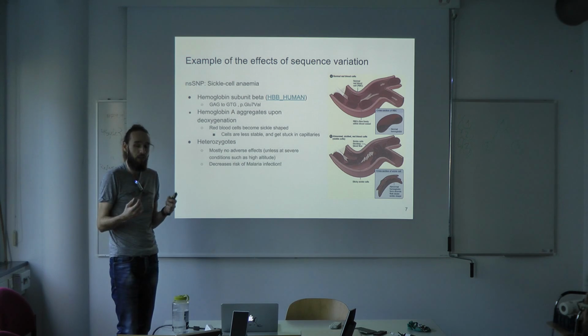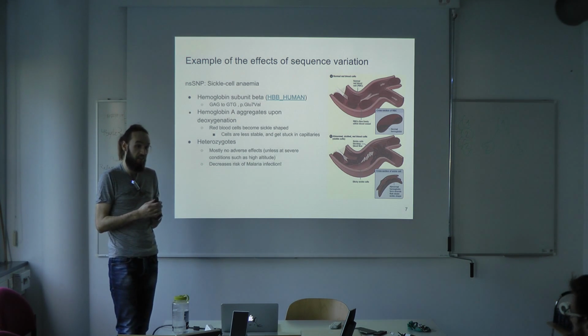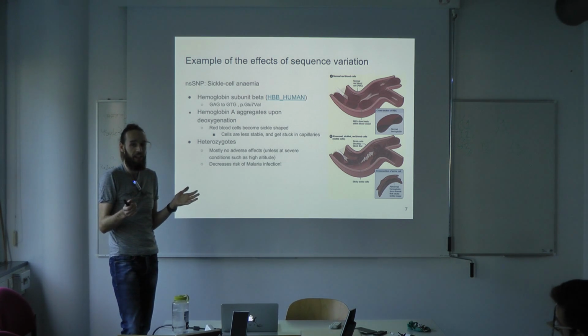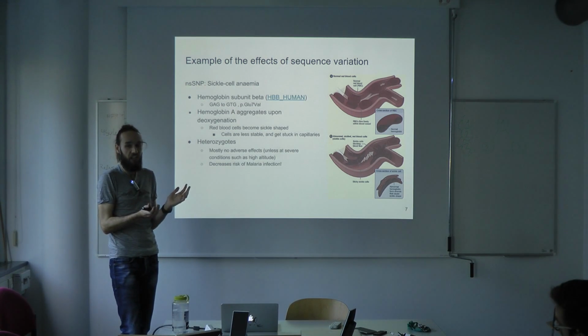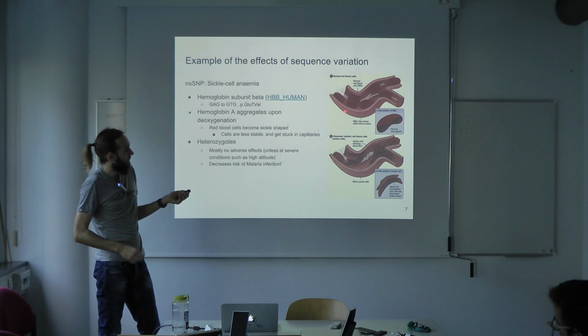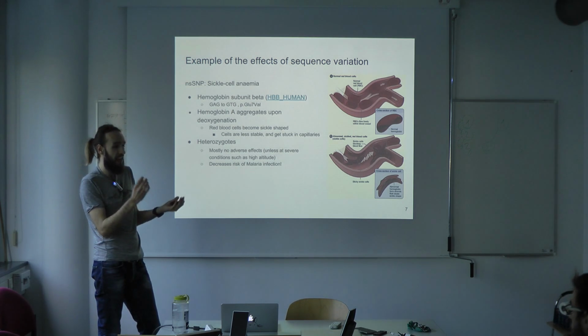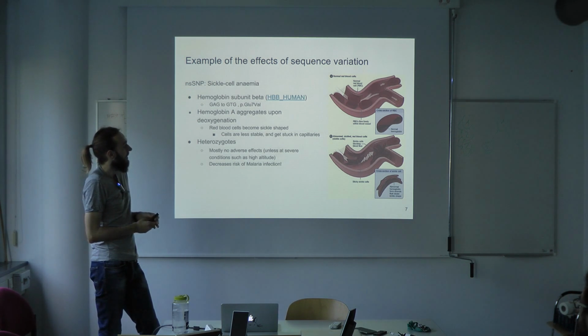The protein aggregating then in turn leads to the whole red blood cell, which contains the hemoglobin, changing its shape. Usually these look like a plate with a dimple in it or something like that.